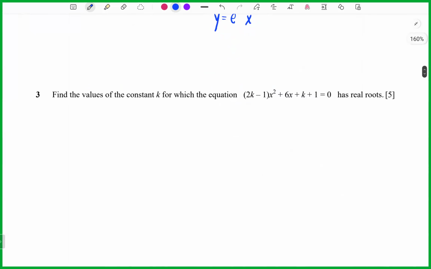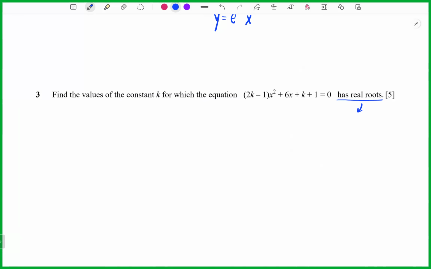Okay, let's see the next question. Find the values of the constant k for which the equation has three roots. For these roots, we can consider two distinct points or one distinct point, right?